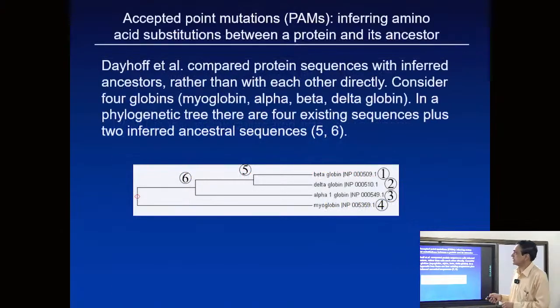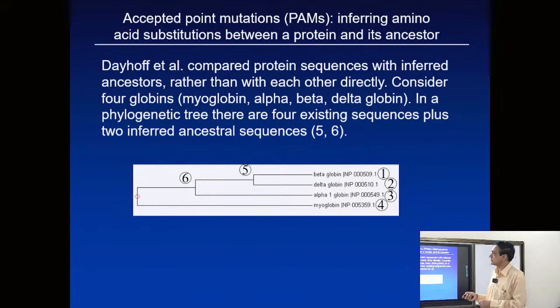So what they did was construct a phylogenetic tree and then, based on that, infer which changes happened. Here is an example of four globin sequences: beta globin, delta globin, alpha globin, and myoglobin.